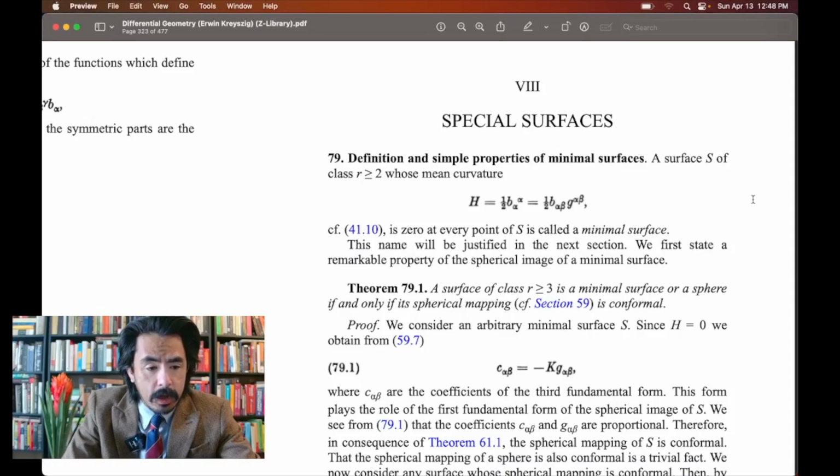Section 79, Definition and Simple Properties of Minimal Surfaces.